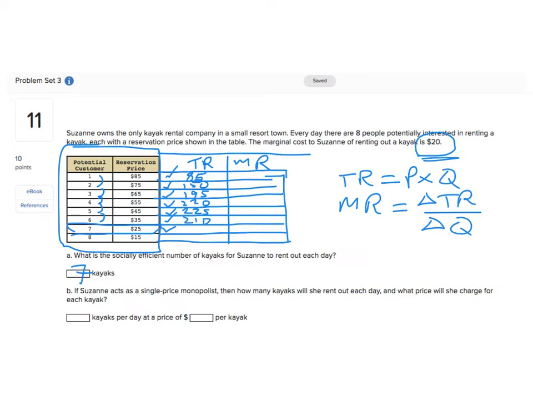Notice that marginal revenue is going negative. Just for completeness, let's fill out this table. 175 and 120. 8 times 15 is 120.